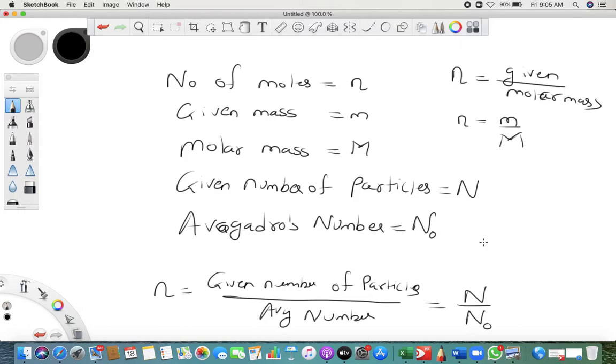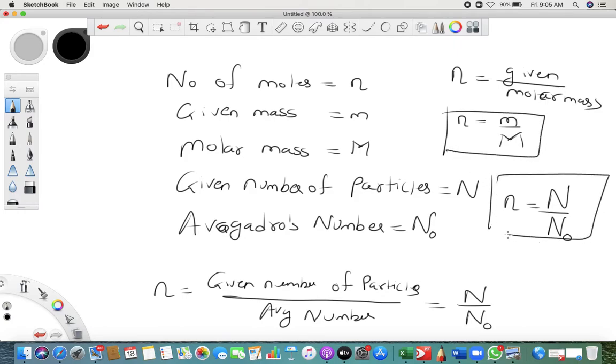So basically we have two formulas to find out number of moles. Please write down this in your book because it is really important. All things are based on these questions: number of moles, given mass, molecular mass, given number of particles, Avogadro's number.